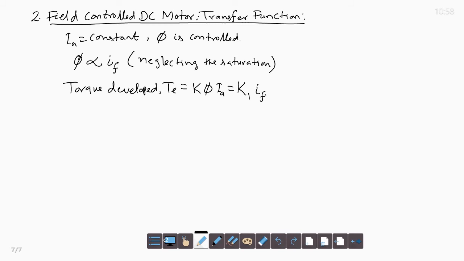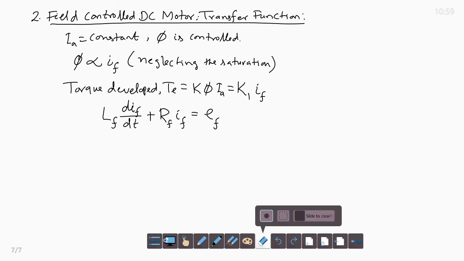So, further, what is IF? From the circuit of the field winding, the inductive voltage LF dIF by dt plus RF into IF equals the voltage applied to the field winding. Let us write it as VF, field voltage VF.